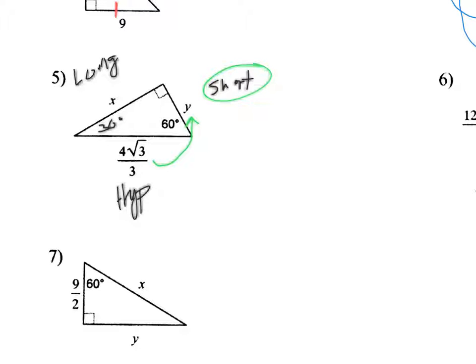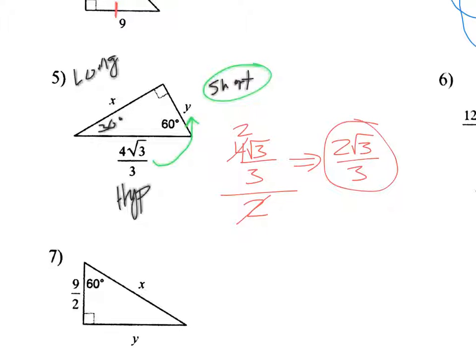Alright, so I'm going to take 4 square root of 3 over 3, and divide that by 2. Well, 2 goes into 4 2 times, so that ends up being 2 square root of 3 over 3. So that is the short leg.